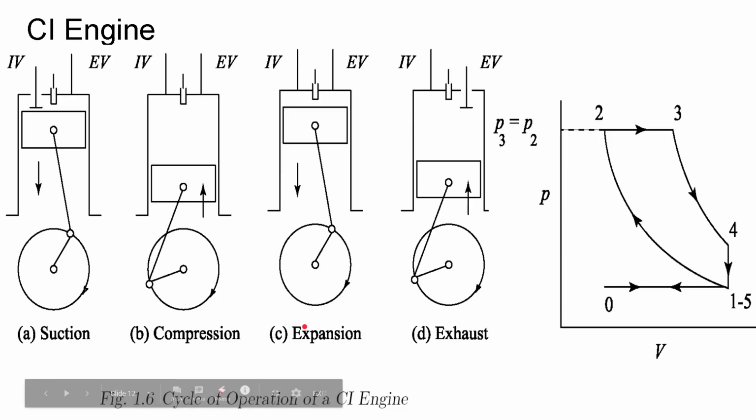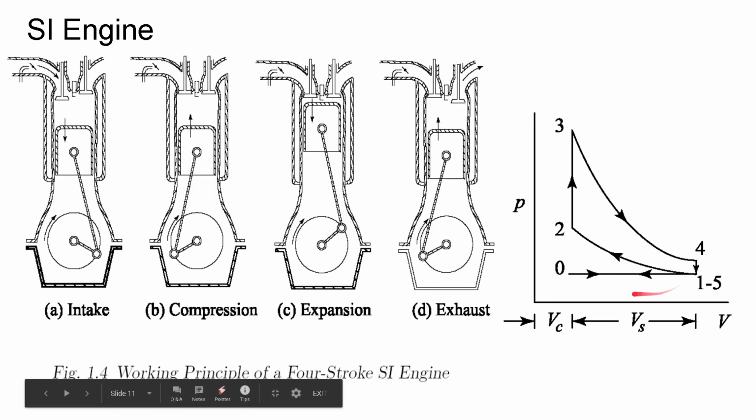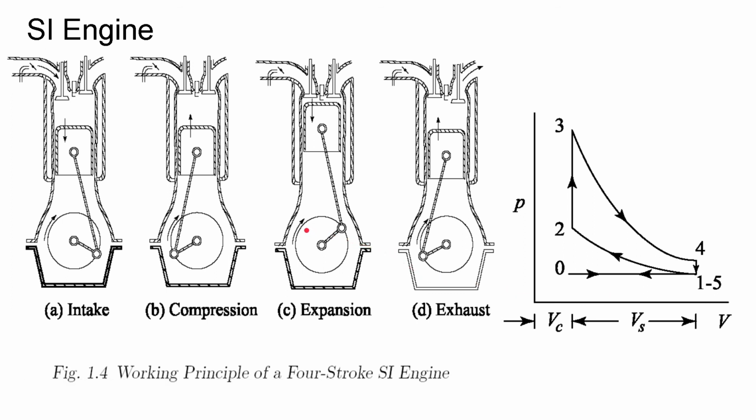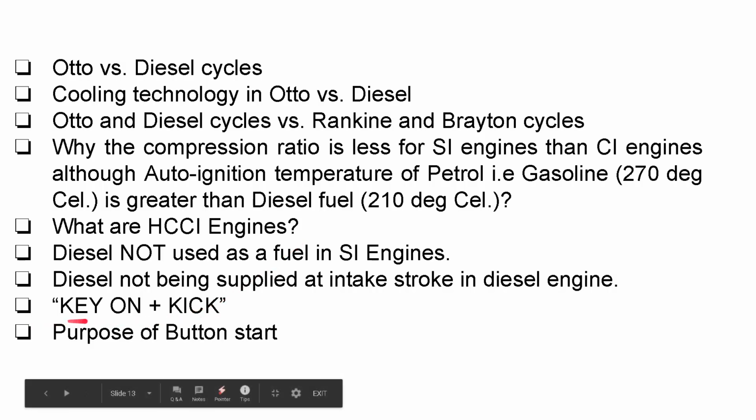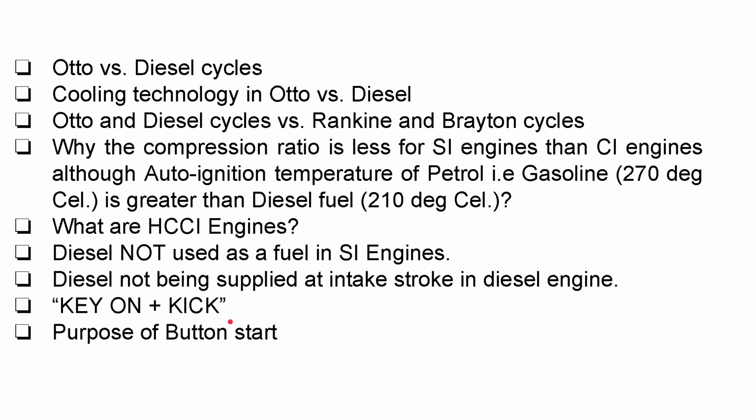While the kick means that externally we are applying an inertia to the crankshaft, and it will initiate the reciprocating movement of our engine, and hence because of this movement the intake and all will start. Hence both are required. So key on plus kick is required to start our bike.